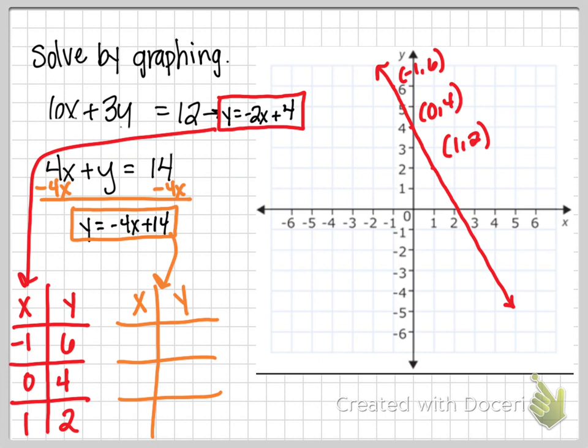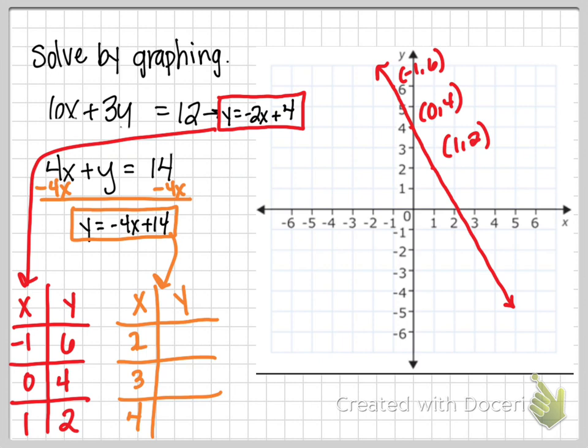I'm going to make my x values a little bit bigger here because of that 14. Let's do 2, 3, and 4, maybe. Let's see how that works.